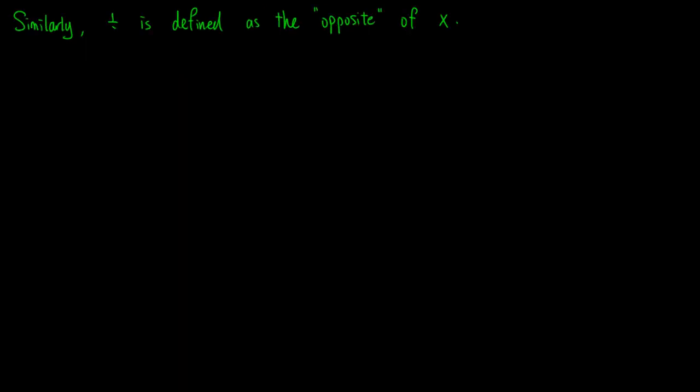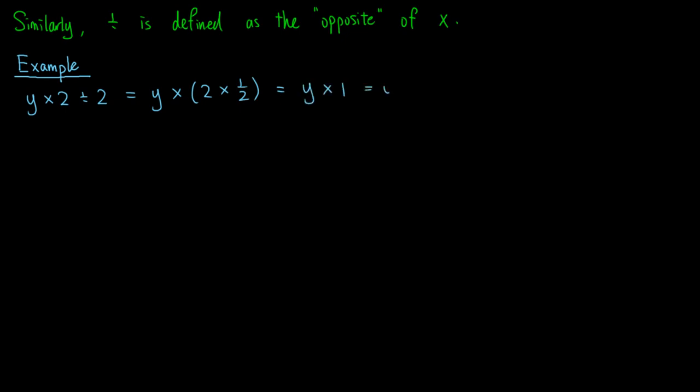Similarly, division is defined as the opposite of multiplication. In the context of real numbers, y times 2 divided by 2 equals y times (2 times 1/2), which equals y times 1, which equals y, for all real numbers y.